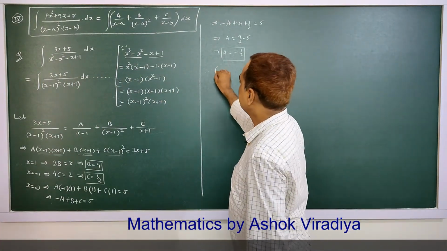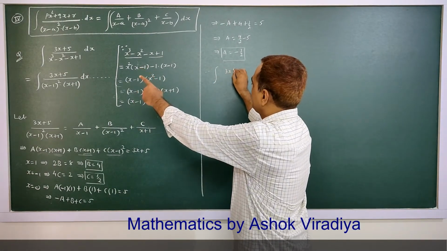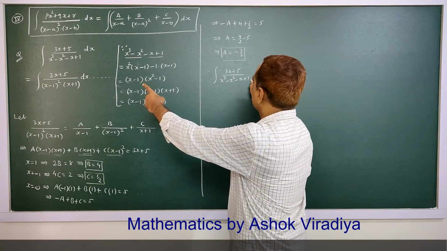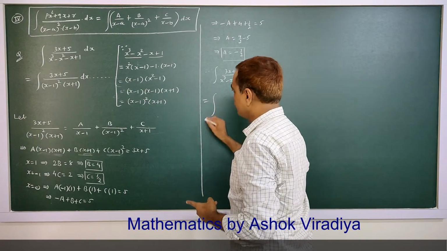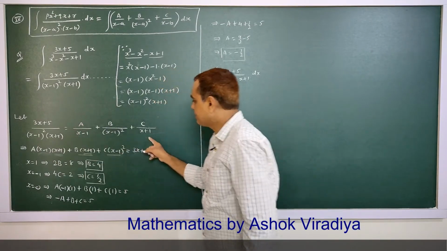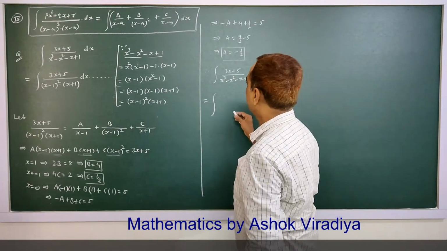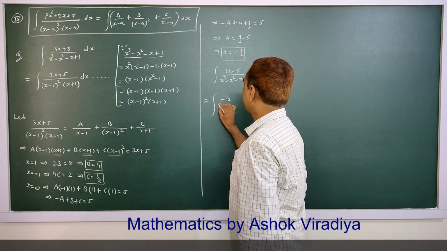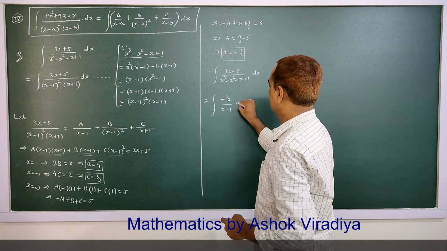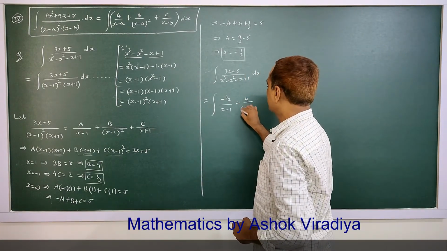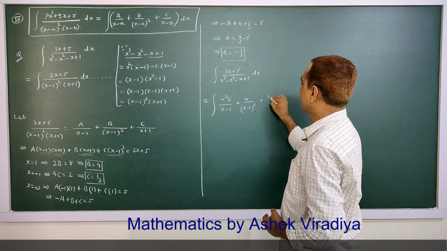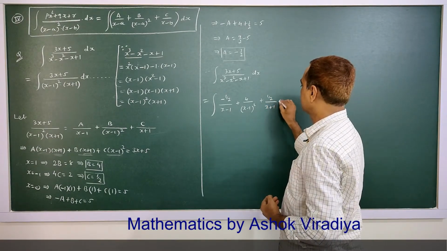Therefore, the integral of 3x plus 5 upon x cube minus x square minus x plus 1 dx equals, now replacing this part by this expression, A upon x minus 1, so minus 1 by 2 upon x minus 1, B is 4, 4 upon x minus 1 whole square, C is 1 by 2, 1 by 2 upon x plus 1 dx.